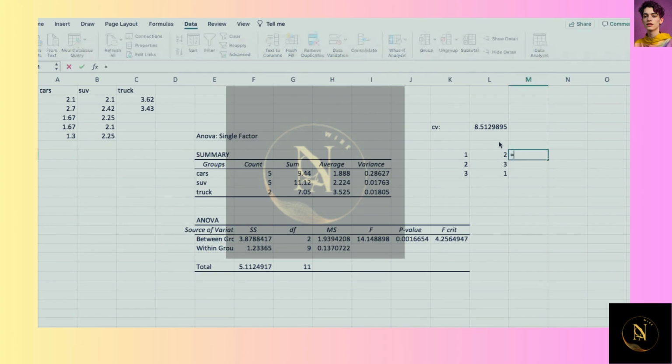So I'm going to do equals parentheses, go to the mean of cars because that's 1, and subtract the mean of SUVs. I'm going to close the parentheses and square it. I'm going to do the same thing for the rest of these. Alright, so that's the differences in our means squared.